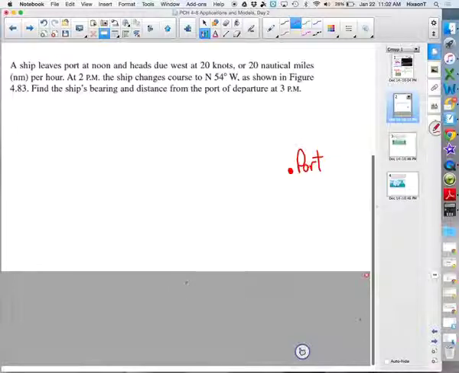So how far has it gone? Knots are nautical miles per hour, so it's gone 40 miles. And when it says due west, that means at a perfect right angle from north. So there's west, that's 40 miles.